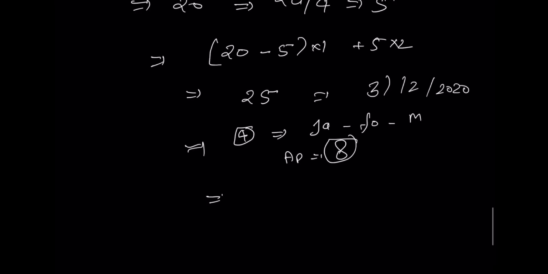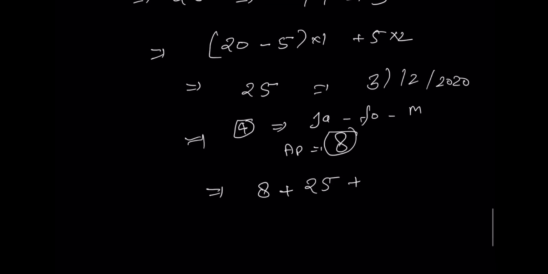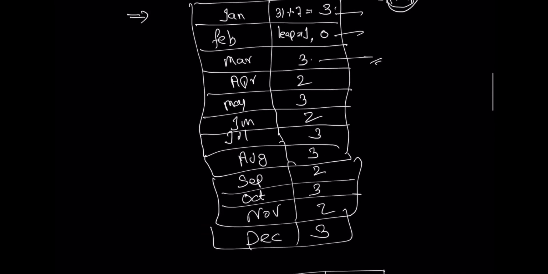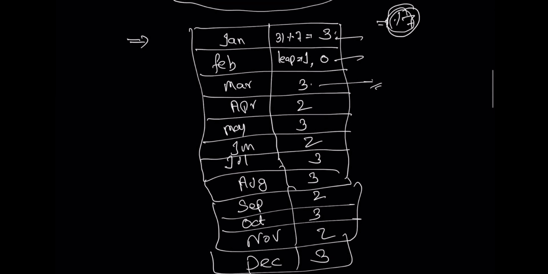April has 8 extra days, plus until 31/12/2020 we have 25 extra days, plus the list we already created for Jan, Feb, March, because there is no leap year. 2021 does not have a leap year because it's not divisible by 4 and it's not a century.